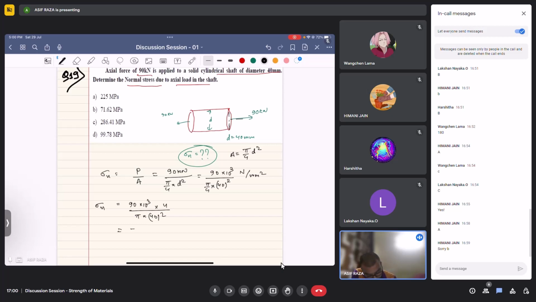The answer comes out to be 71.62 Newton per mm square, that is 71.62 megapascal. This is the answer.